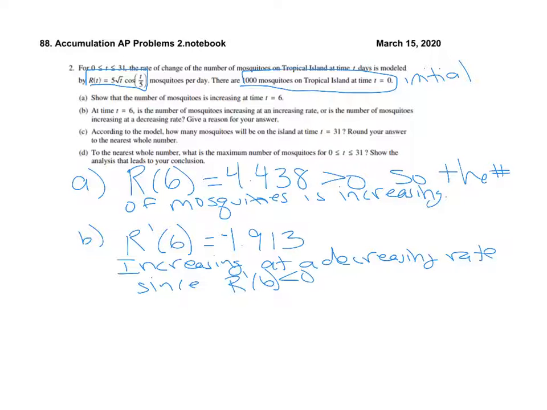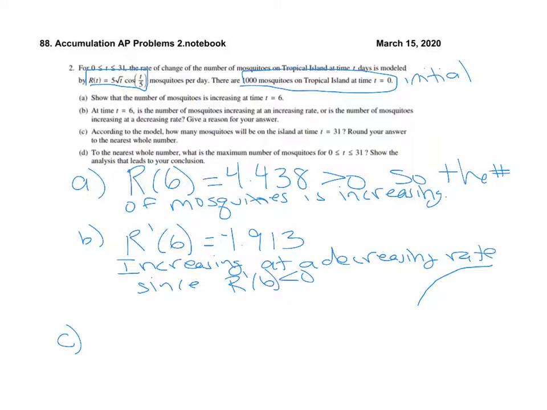So it goes from 1,000 to 2,000, and then 2,000 to like 2,700. So it went up by 1,000, then it went up by 700, then maybe it went up by 500, 100. So it's still increasing, but the rate that it's increasing is going down. Okay, so that's increasing with a concavity that's negative. That's what's happening there.